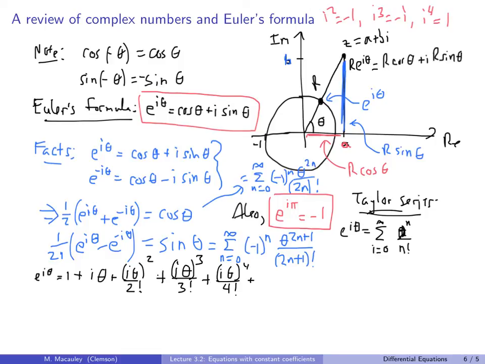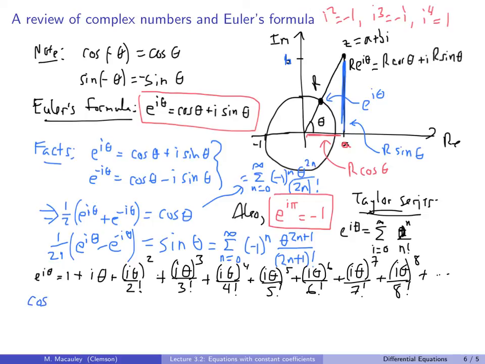I'm going to do a couple more of these: plus i to the 5th theta to the 5th over 5 factorial, plus the 6th over 6 factorial, plus the 7th over 7 factorial, plus the 8th over 8 factorial, plus etc.